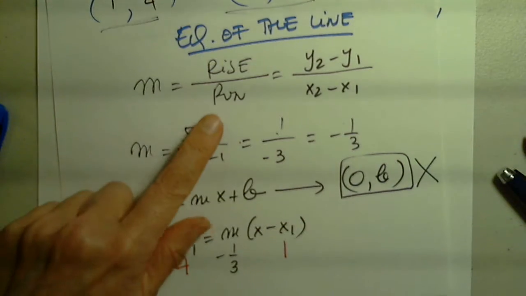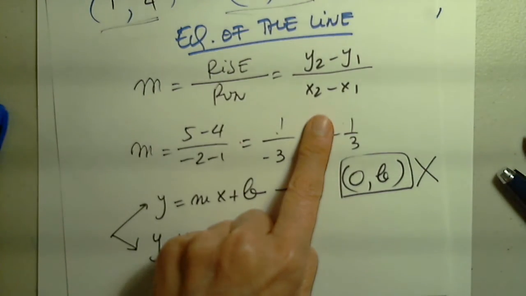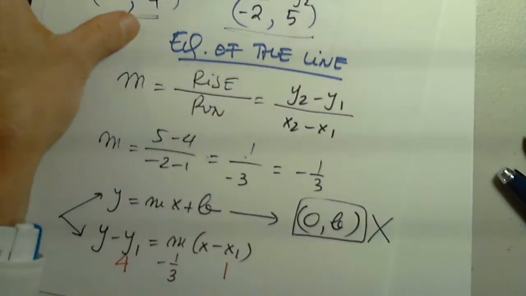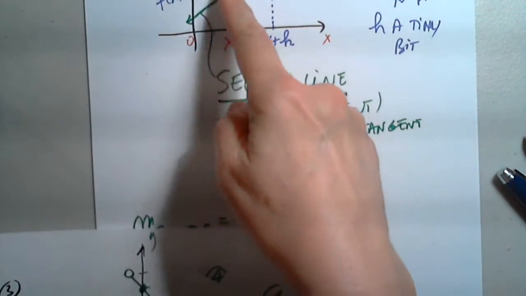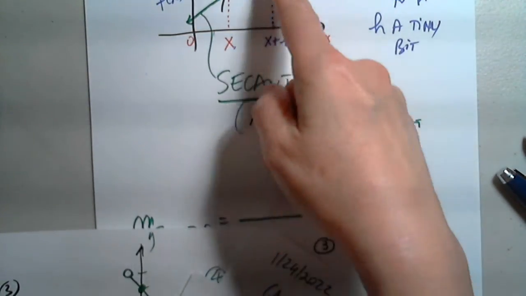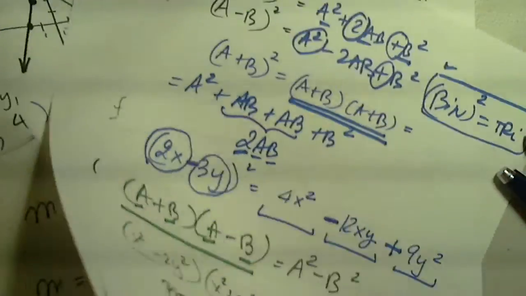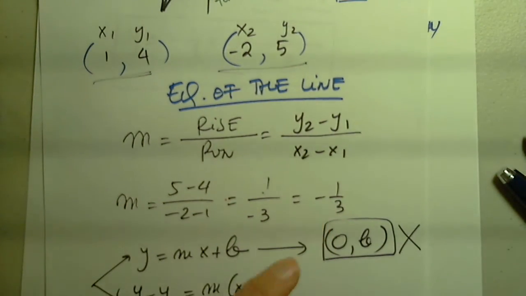We did it for this. We were given 2 points, exactly like in this situation. This point is x comma f of x, and this point is x plus h comma f of x plus h. And we were asked to determine the slope.